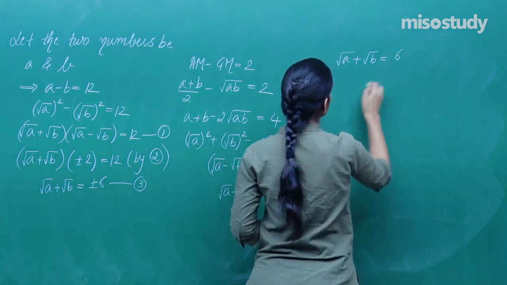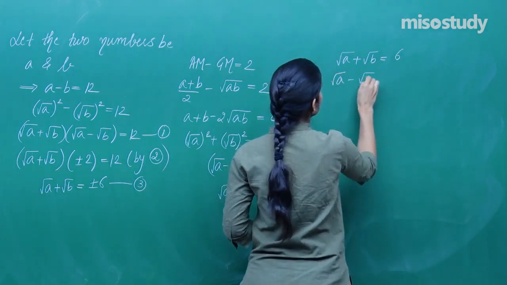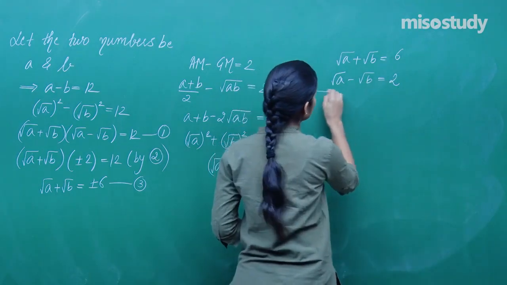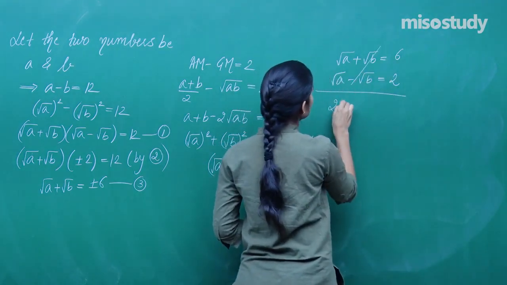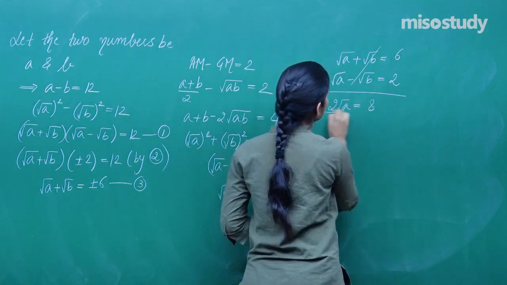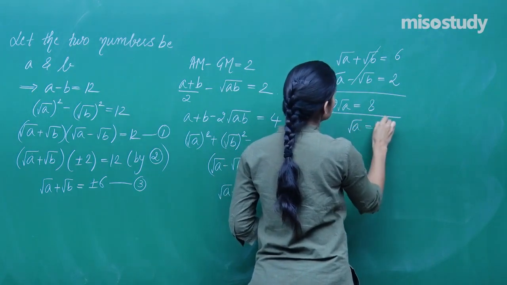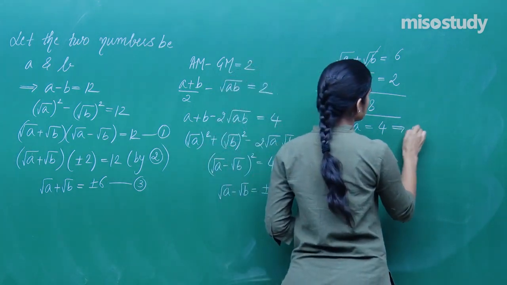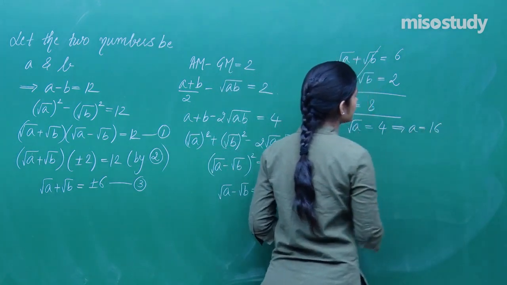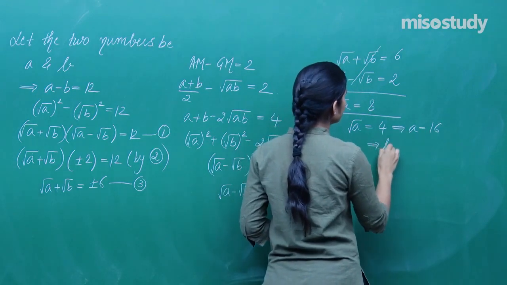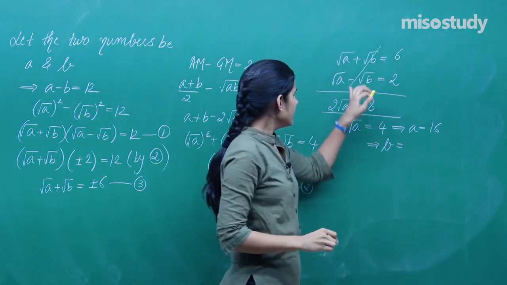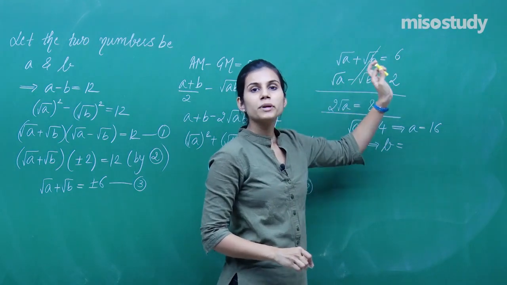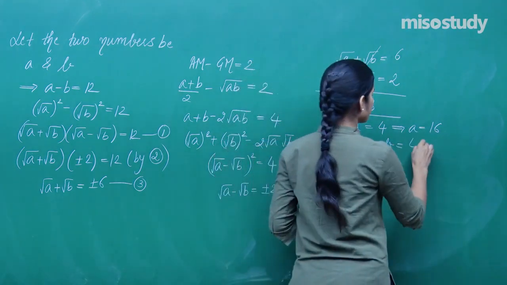Let us take it as 6 first, and root A minus root B is suppose 2. In this situation, if you add these two, you get 2 root A equals 8. Root A is 4, A is 16, and B comes out to be in this case what? If root A is 4, 6 minus 4 is 2, so root B is 2, B is 4.